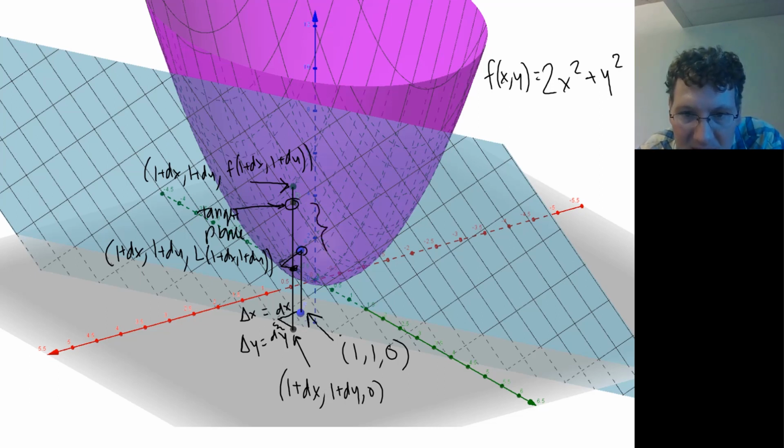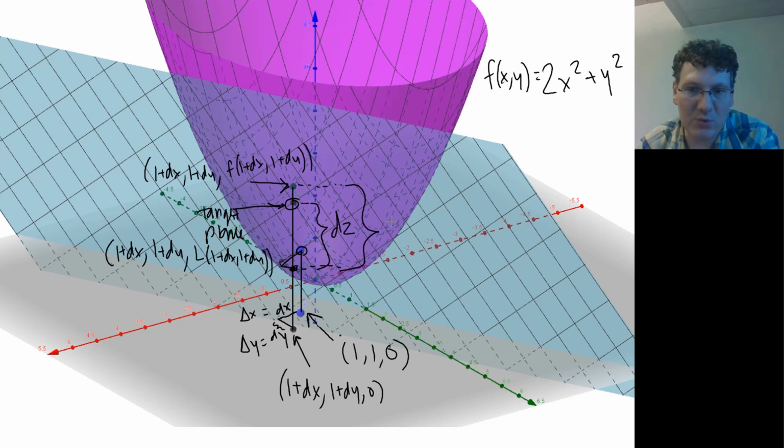First, there's this smaller change, which is what you call dz, the total differential dz, and then this, which is the change in the actual function, that's the delta z. So these are visually what dz and delta z would be.